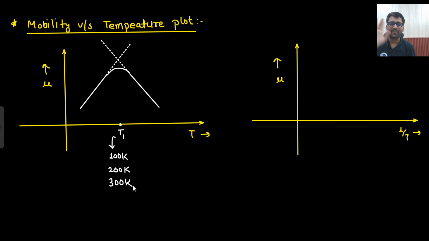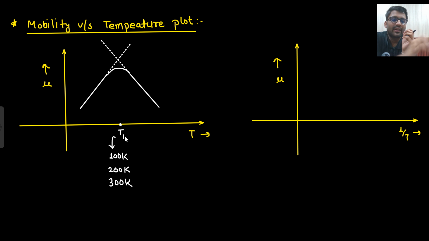If I am at room temperature and I try to plot the mobility versus temperature graph, what will I see? Just as I increase the temperature, my mobility will decrease only. Are you able to understand what I am saying? A very important point: this temperature T1 will depend on the material. For some material, it would be 100 Kelvin. For some, it would be 200 Kelvin. But for none of the materials would it be greater than 300 Kelvin.